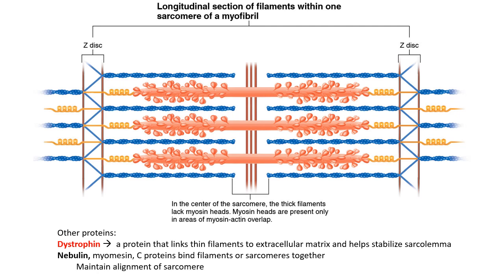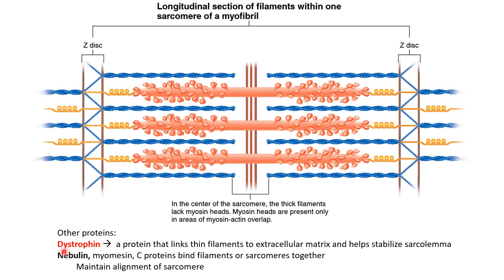So besides those proteins already mentioned, you also have other associated proteins, but there are a lot of them. So of course, we're just going to keep it simple to the ones that are really more important. Now, there is this protein called dystrophin. Okay, so dystrophin is going to connect the thin filaments to other structures that are outside of this fiber. Okay, so it's going to attach it to extracellular matrix, and that helps to stabilize this membrane, or the sarcolemma, and helps to stabilize the structure of the muscle fibers.